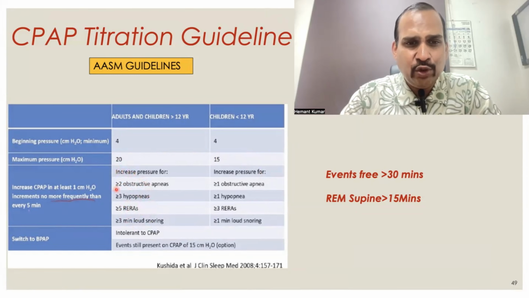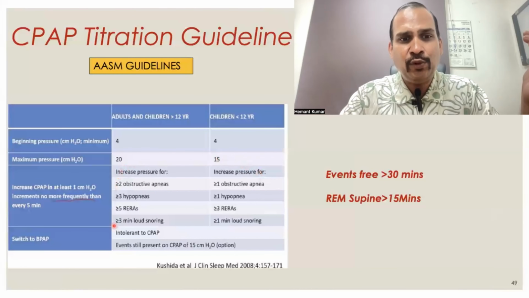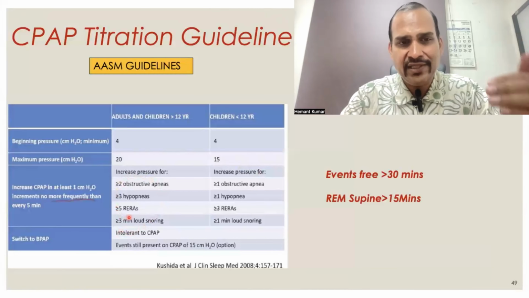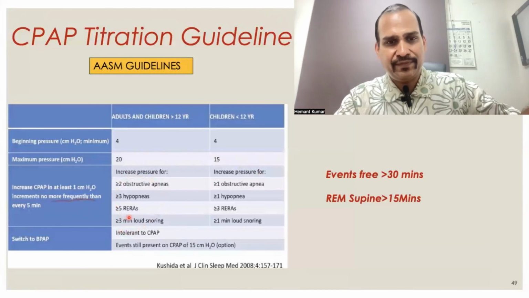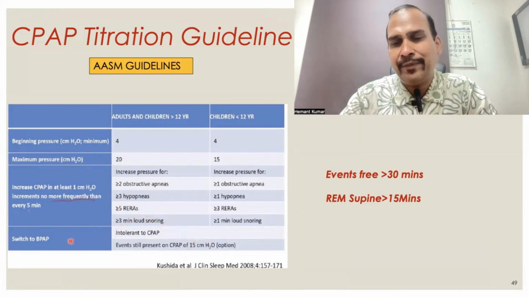If there are more than 2 obstructive apneas, more than 3 hypopneas, more than 5 RERAs, or more than 3 minutes of loud snoring, any one of these, then we increase the pressure by 1 centimeter. Again we look at these parameters, and if any is present, we increase again. If the pressure requirement is more than 15 centimeters of water, we can switch over to BiPAP.